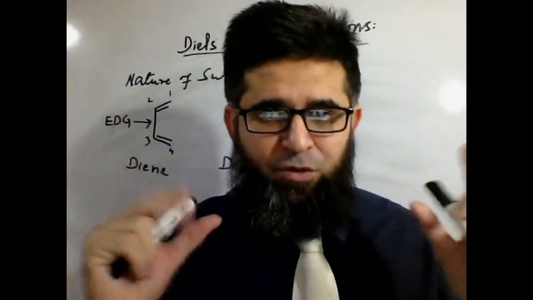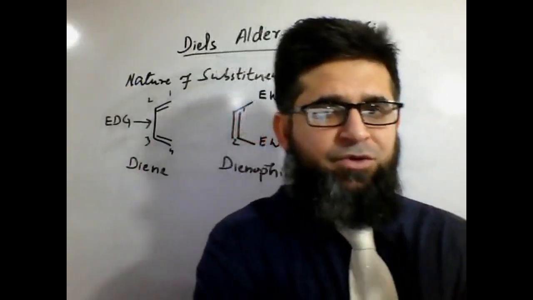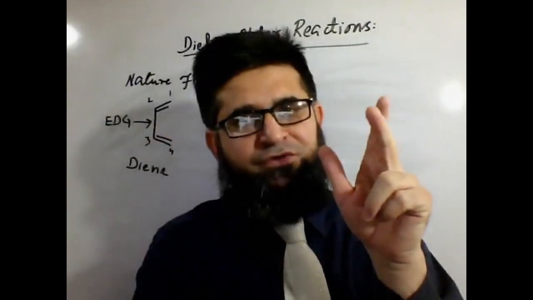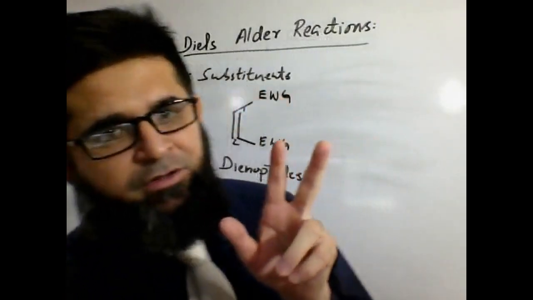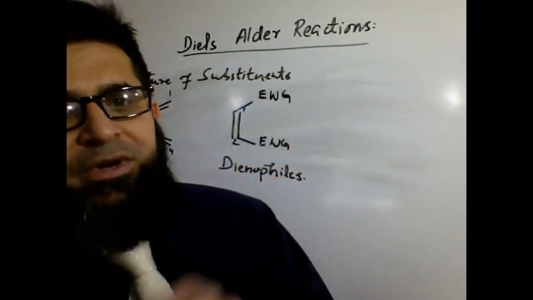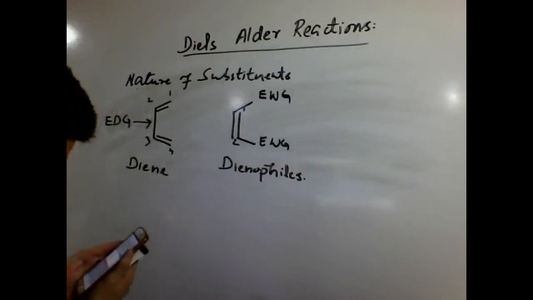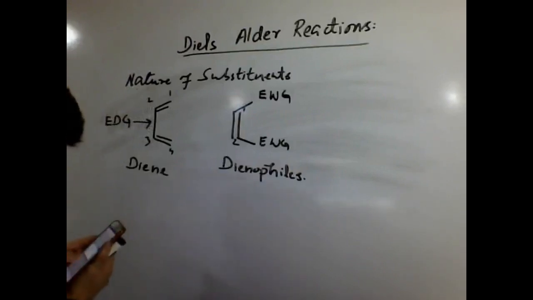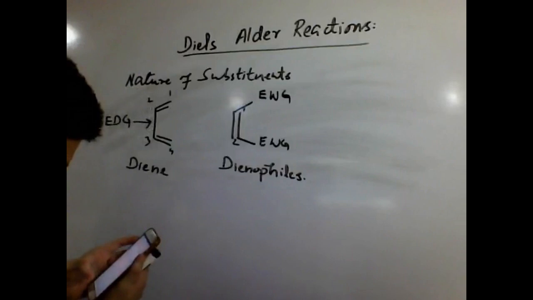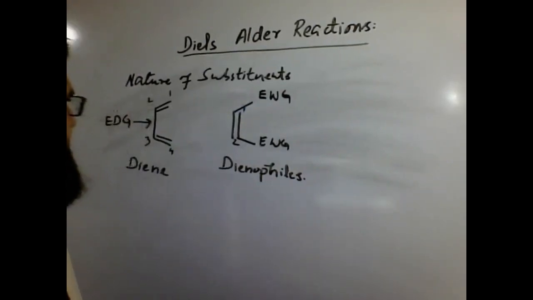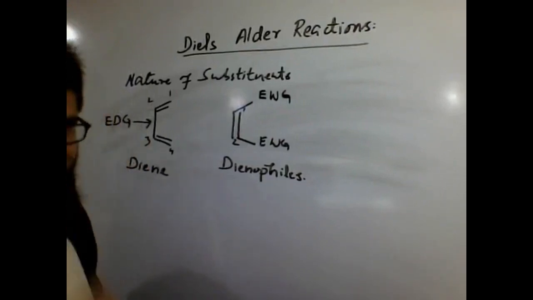So as a rule, dienes should carry donating groups and the dienophile should carry electron withdrawing groups for a reaction to happen at an accelerated, faster pace. So this is how the nature of the substituents is supposed to be.